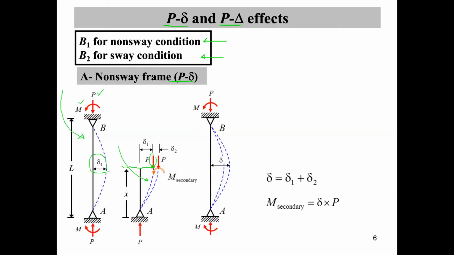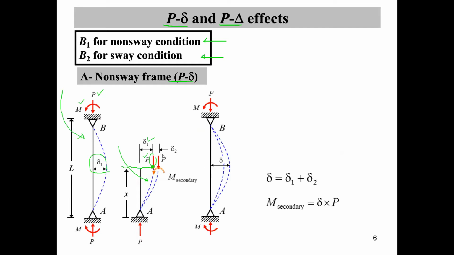The result will be a couple. The value of this couple is P times delta 1. The couple will cause additional lateral displacement or deflection along column depth.